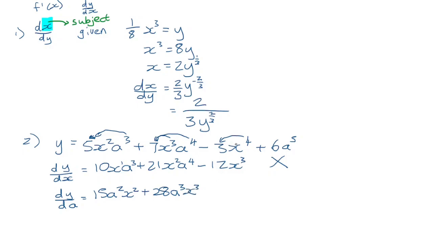The x term in this case is irrelevant to me because it's with respect to a, so it falls away completely. And then I pick it up with the last a term, and I do it as normal, times the power by the front and drop it by 1. So you can see the subtlety of how they ask it and what letters they put at the top, like the first question, and what letters they put on the bottom.